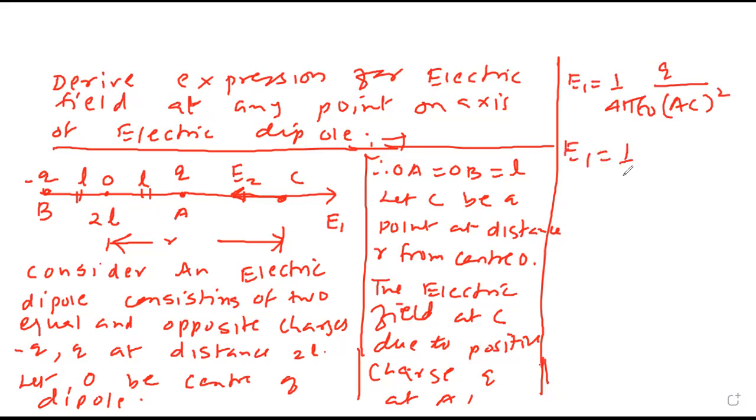What is the distance between A and C? Can you tell? From this figure, can you tell, in r and L? See, I have divided it into two parts. O to A is L and O to C is r. What is AC?